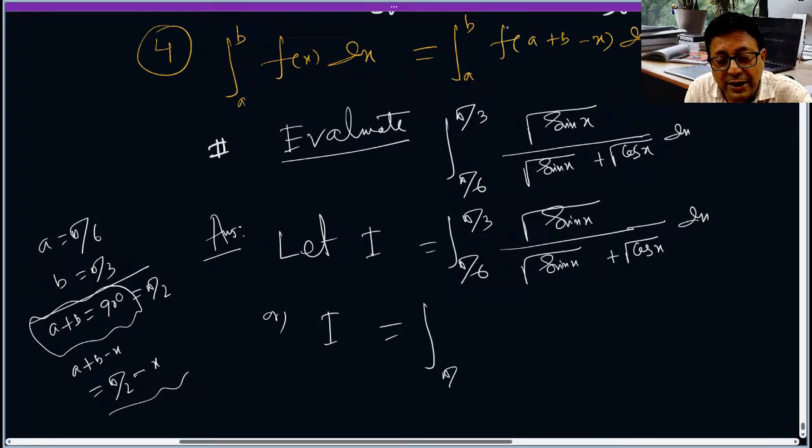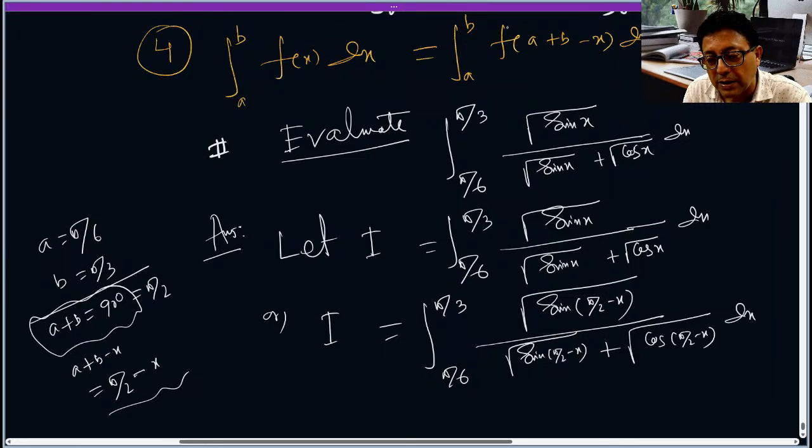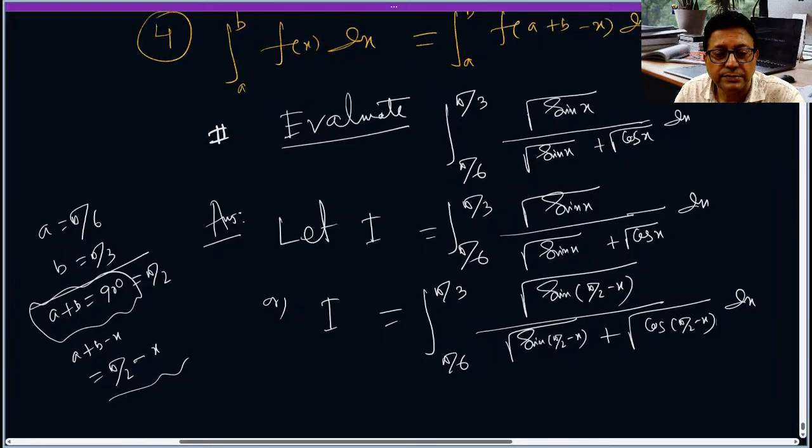So write this as under root sin(π/2 − x), am I correct?